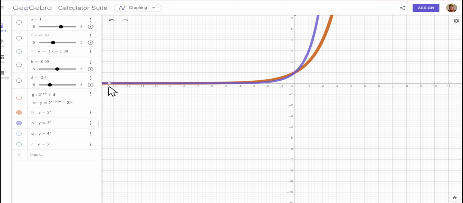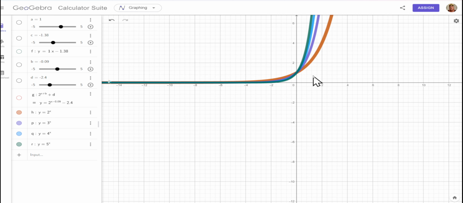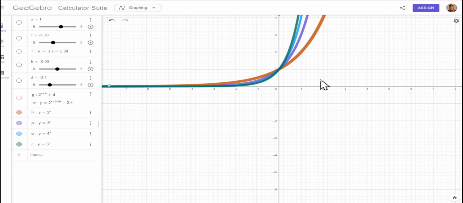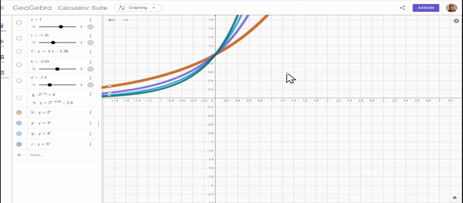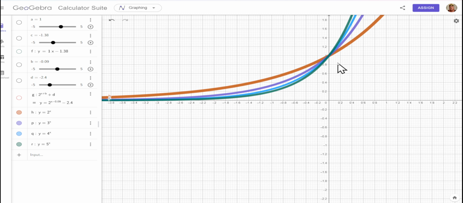It's never going to get there. It's still an asymptote. And if we do it for 4 and for 5, the pattern continues. Notice though, if we zoom in, they all cross the y-axis at 1.